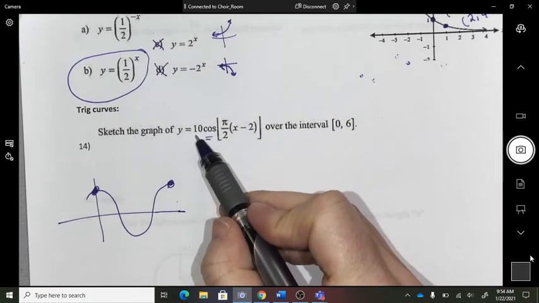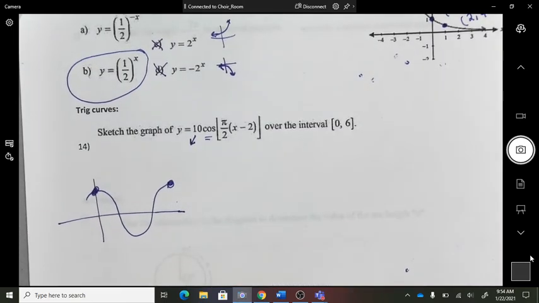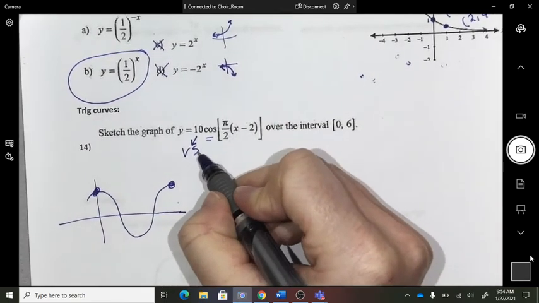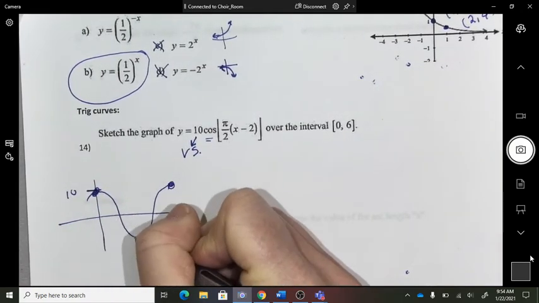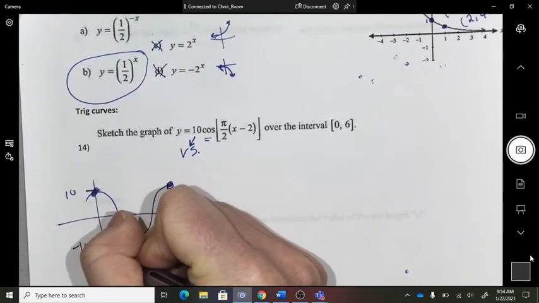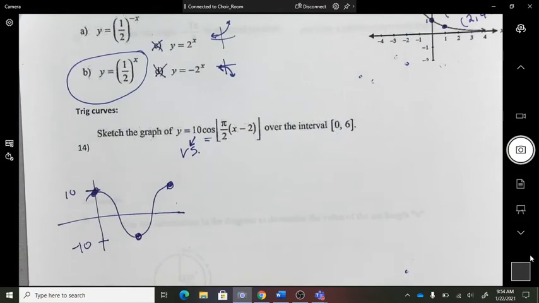So now I'm going to put the 10 in place, which is a vertical stretch. So when I vertically stretch it, it's now got a max of 10 and a low of negative 10.